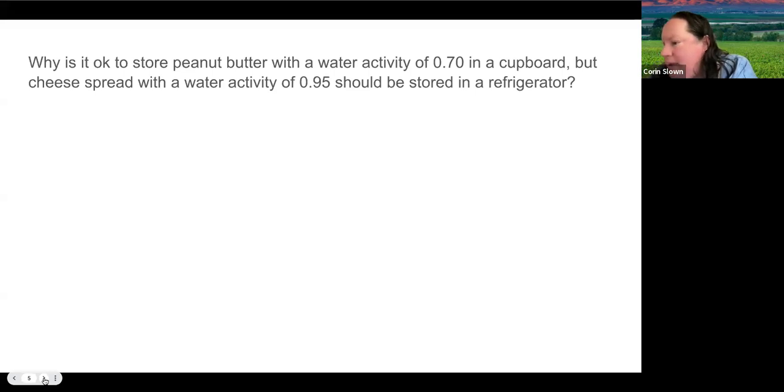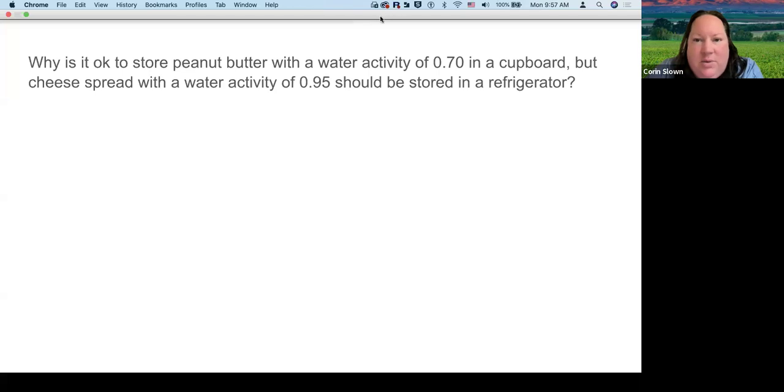Let's go back and think for a moment about water activity. So the question says, why is it okay to store peanut butter with a water activity of 0.7 in a cupboard, but cheese spread with a water activity of 0.95 should be in a refrigerator? So foods with a water activity above 0.95 are going to provide enough moisture for the growth of bacteria.